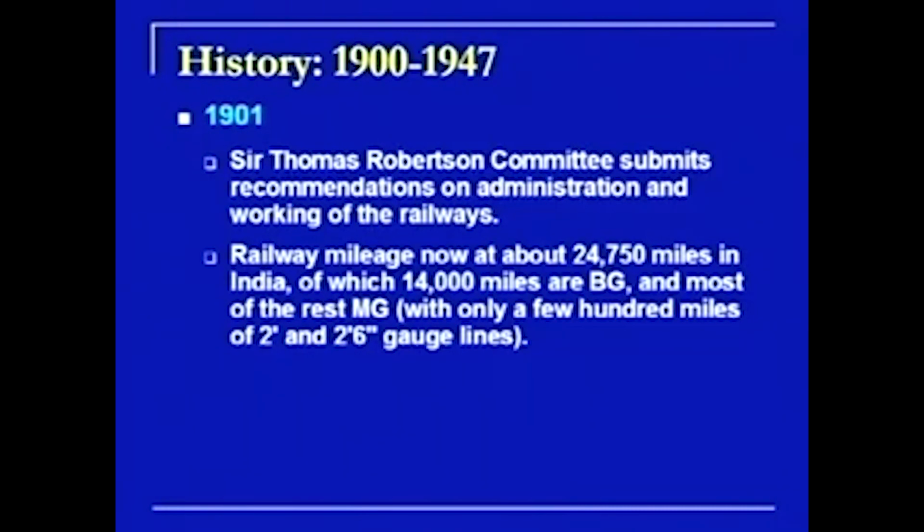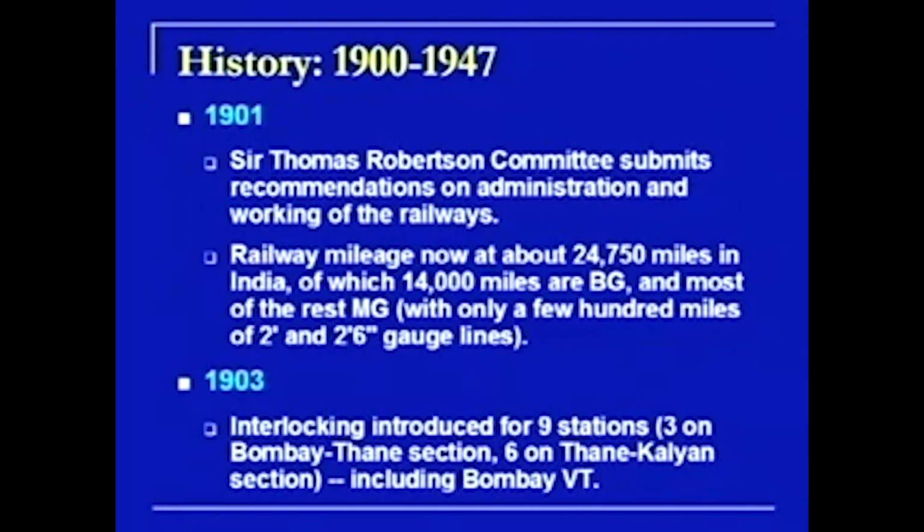Railway mileage kept on increasing and it was 24,750 miles in 1901. Interlocking was introduced. This was a safety aspect which was taken up slowly, and 1903 was the first time that the system was provided for a certain section.